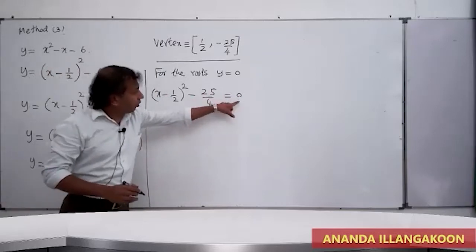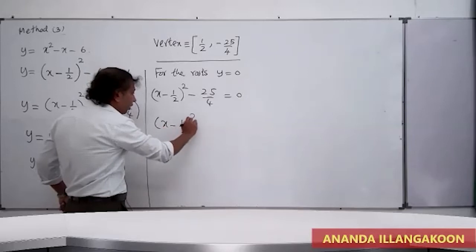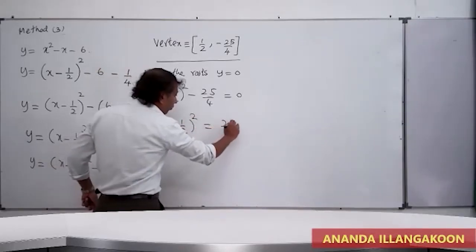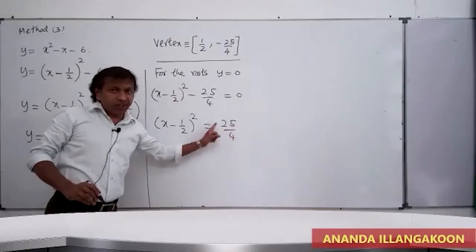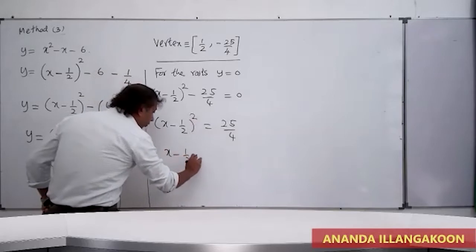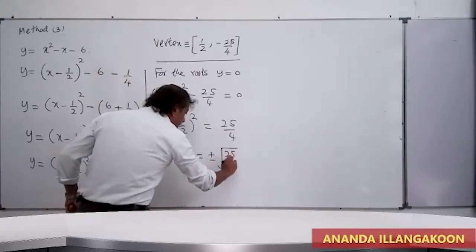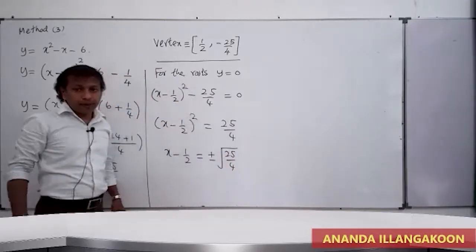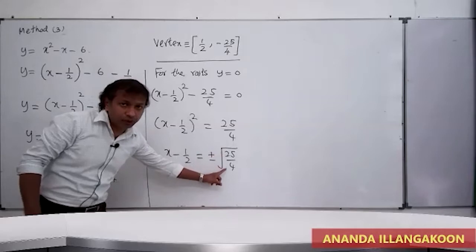Bring this to the right hand side, people. x minus half of x squared is equal to 25 by 4. Now take the square root on the right hand side, then you have to put plus or minus on the right hand side. x minus half is equal to plus or minus square root of 25 by 4. The square root of 25 is 5, people, that of 4 is 2.